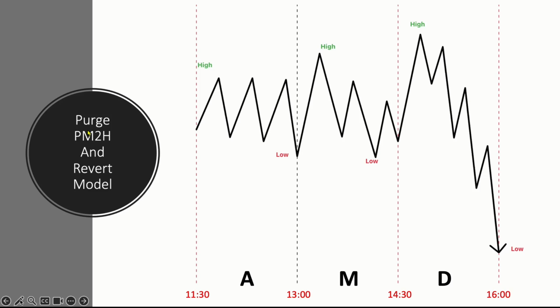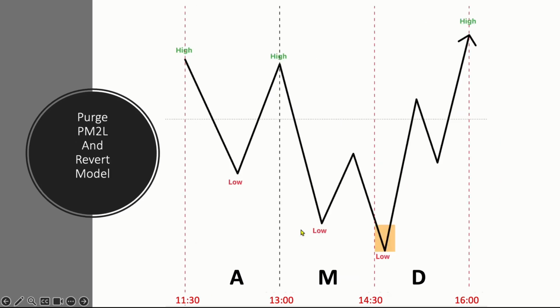Because if you have made it this far throughout the lecture, and if you have paid close attention, all this is about this sentence right here: purge the second PM cycle's high and revert model. When should the second PM cycle's high be taken out? If price is bearish on the higher time frames during the third PM cycle. So we're looking at the previous cycle's high as a reference point to utilize going forward.